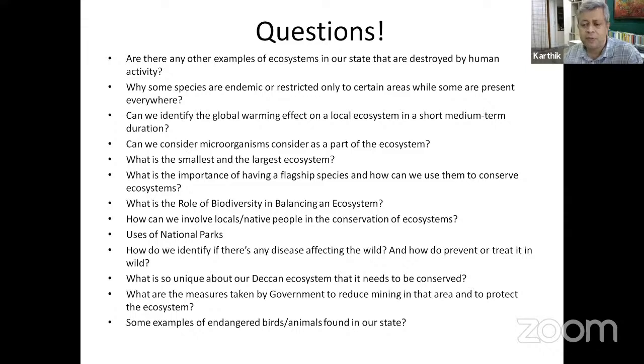How do we identify if there is any disease affecting wild animals, and how do we prevent or treat it in the wild? See, during the pandemic that is happening now, COVID-19, it has been so difficult to even stop people getting infected and dying out of the infection.